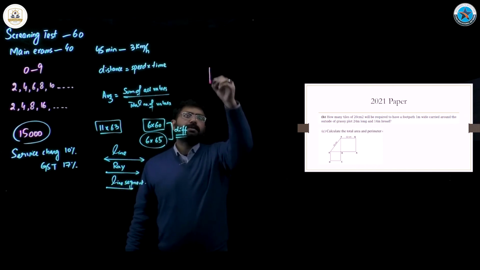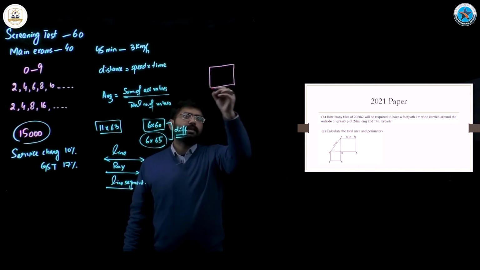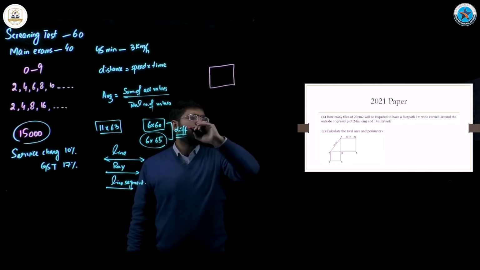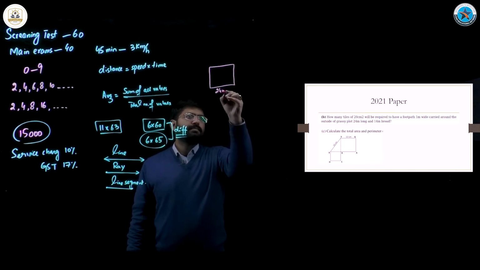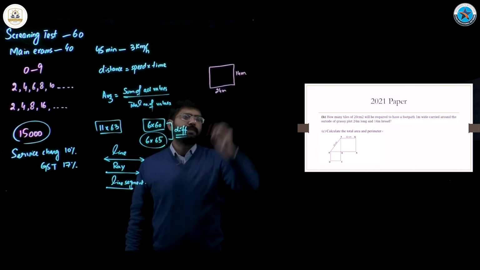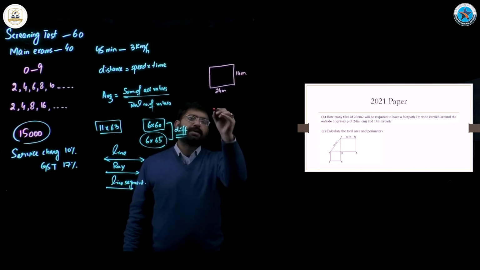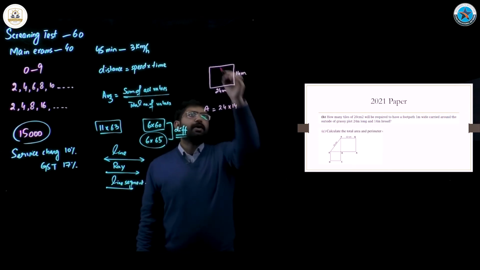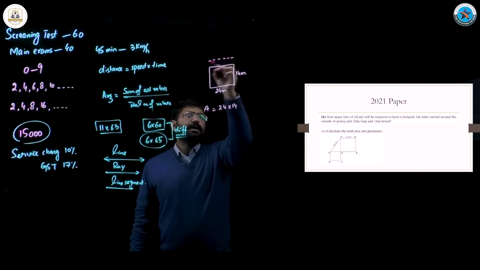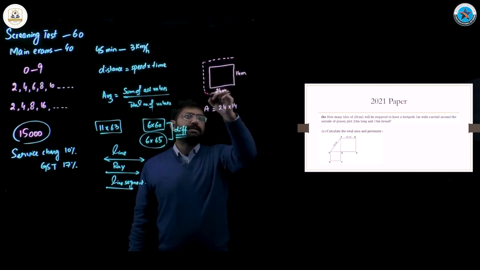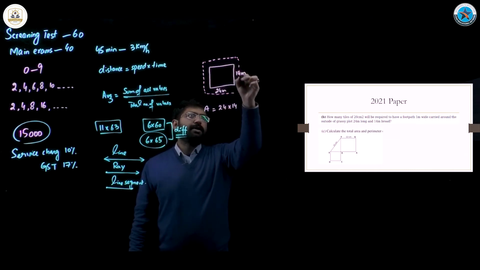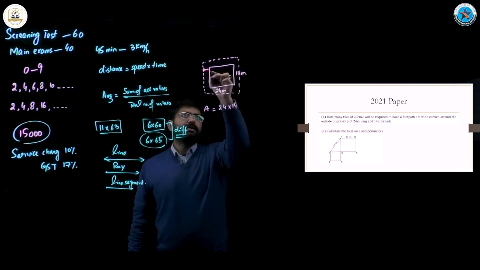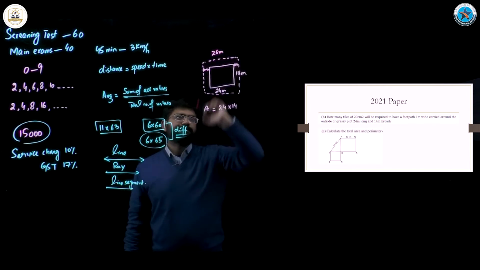We have a plot that is 24 meter long and 14 meter broad. So what is the area of the plot? Area would be 24 into 14. Now we are going to make a footpath on both sides, 1 meter wide. So 1 meter here and 1 meter here, it would become 26 meter.